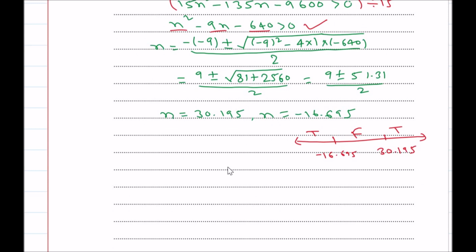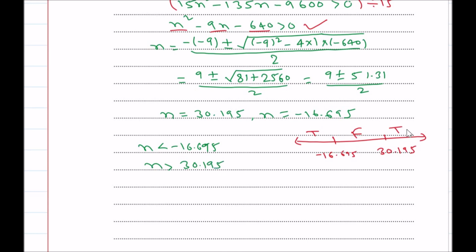So that means n should be greater than 30.195 and n should be less than minus 16.695. This negative is not valid and n should be greater than 30.195.